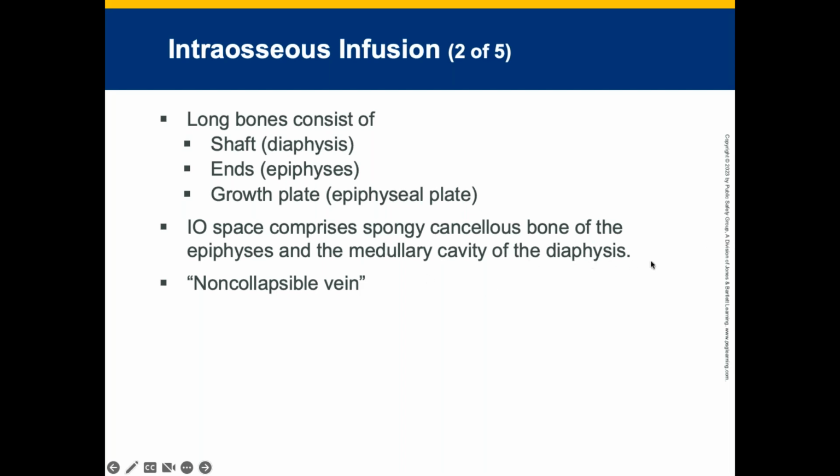The IO space is commonly referred to as the non-collapsible vein. Anything that can be given IV can be given IO. An IO infusion is indicated when you are unable to rapidly obtain IV access on a critically ill or injured patient. Vascular access times and flow rates for various IO sites are presented in table 13.2 in your books.